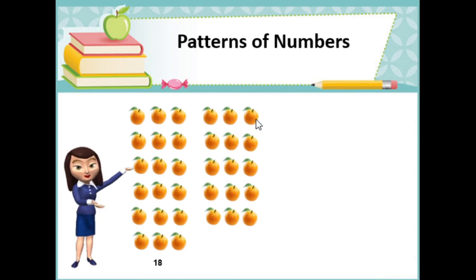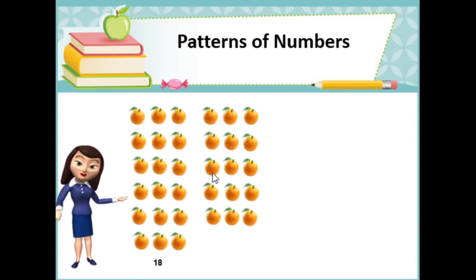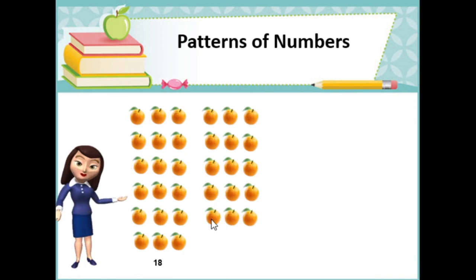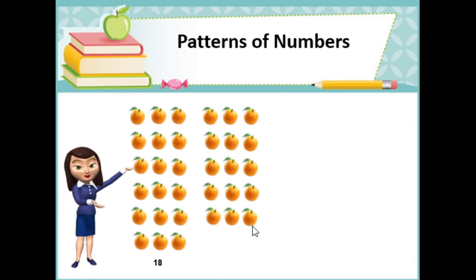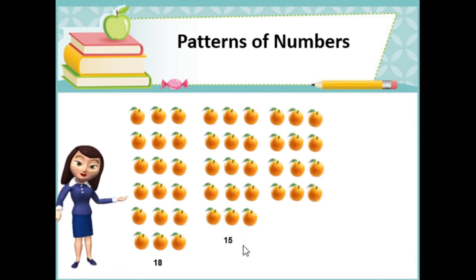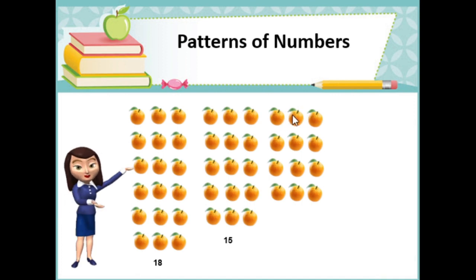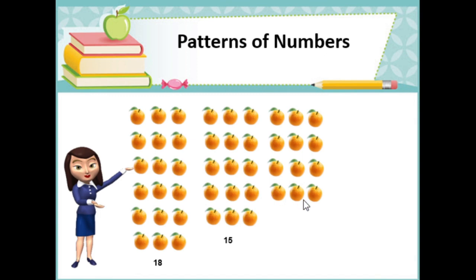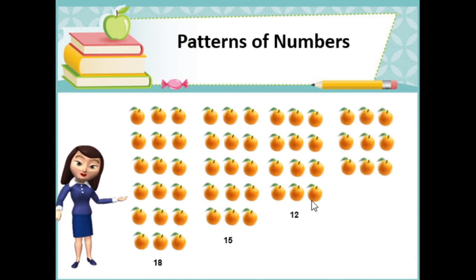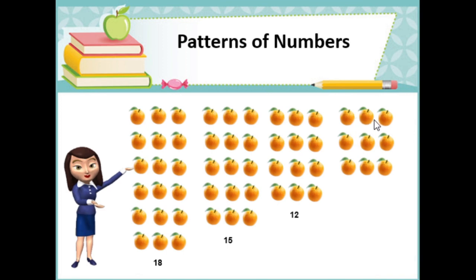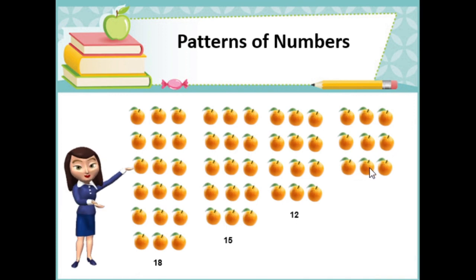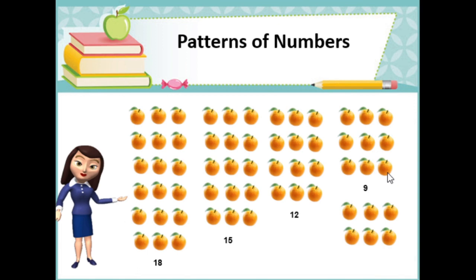1, 2, 3, up to 15. We have 15 oranges. Next, 1 to 12. 12 oranges. 1 to 9. 9 oranges.